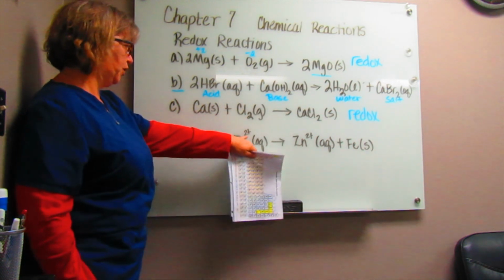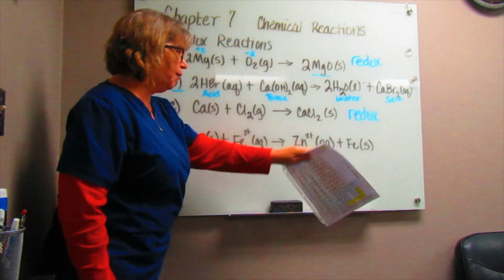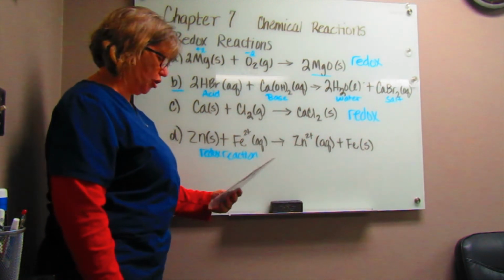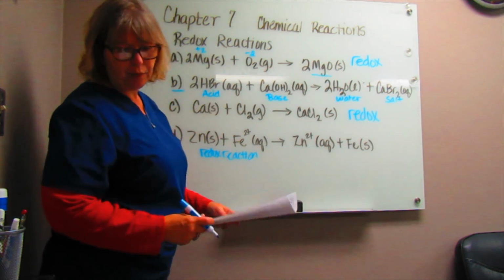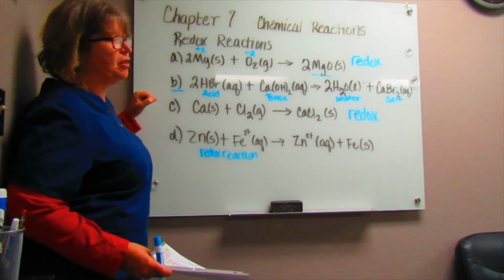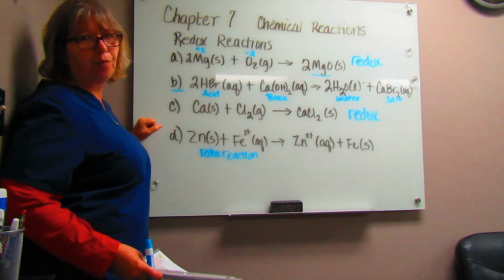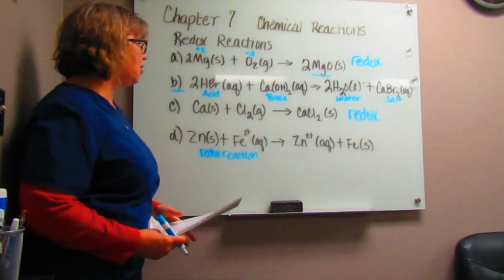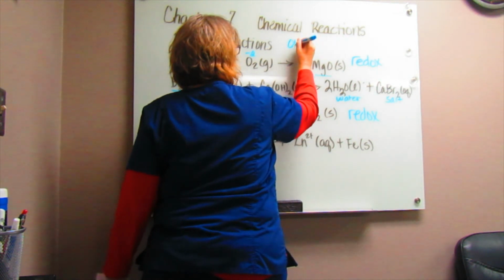So our iron transfers these 2 electrons to our zinc and makes the zinc a 2+ charge. So these are the type of equations that your professor might throw at you and ask you to identify redox reactions. But just always remember for redox reactions, OIL RIG.